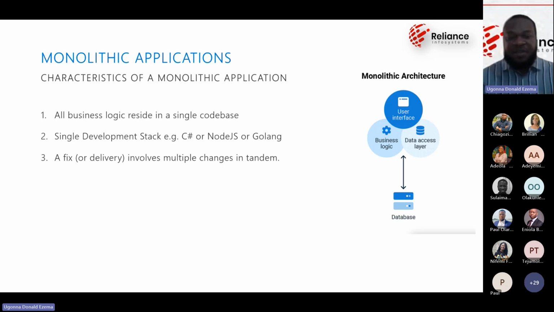And a fix involves multiple changes in tandem. So you have to fix it in total so that it doesn't break another section. When you fix a section of your code and it attempts to break another section, you have to resolve the issue in total so that it doesn't fail in production. This is because of the use of God classes.